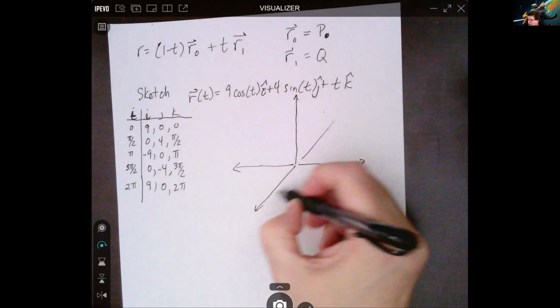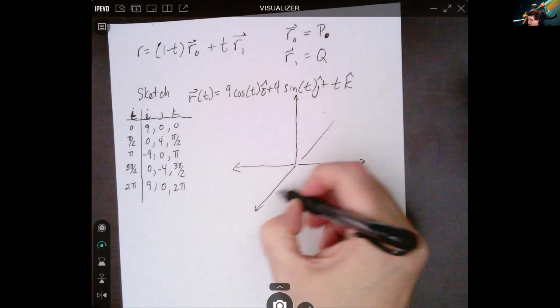So let's just mark out 9 and 4 like that, not counting any individual spots. I know the 9 is a lot longer than the 4, so I'm going to do it like that. And these will be pi over 2 steps. So the top one's 2 pi, like that.